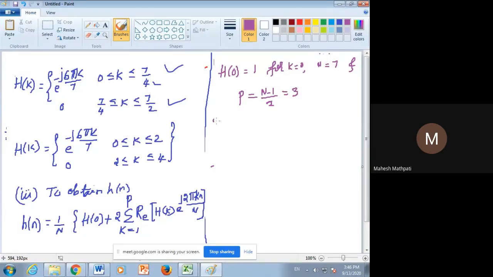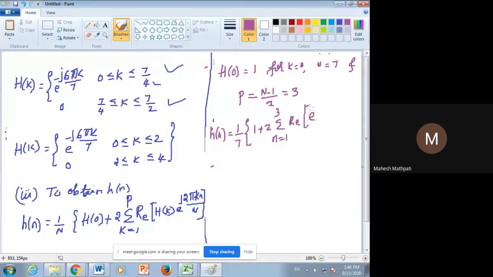So therefore h of n will be equals to 1 by 7 into 1 plus 2 into summation from 1 to 3 of the real part of, what is h of k?